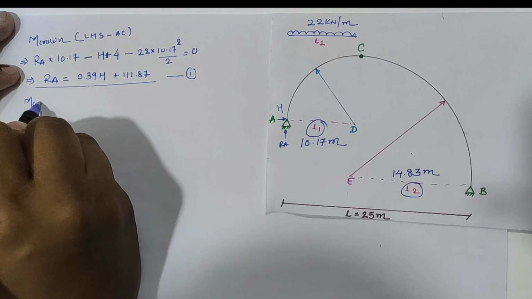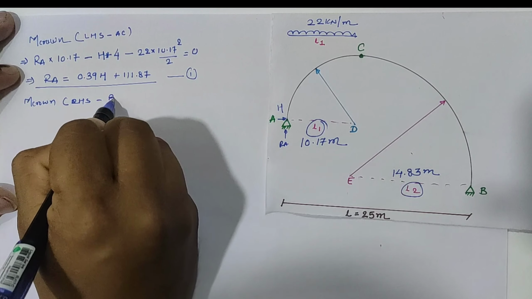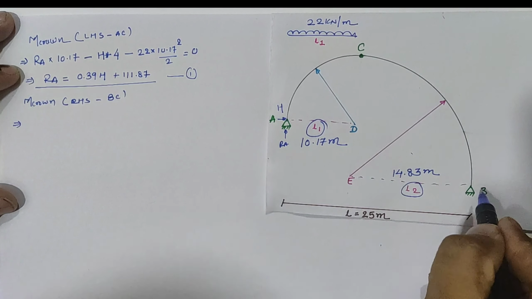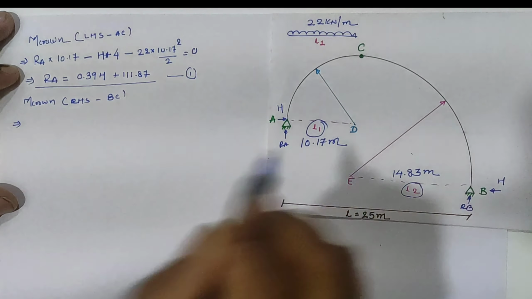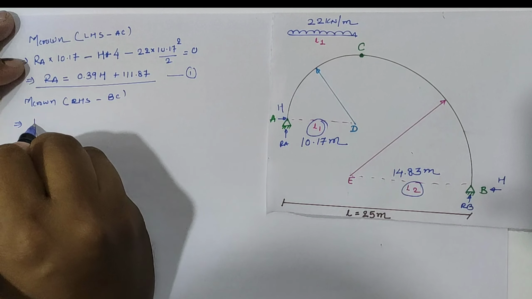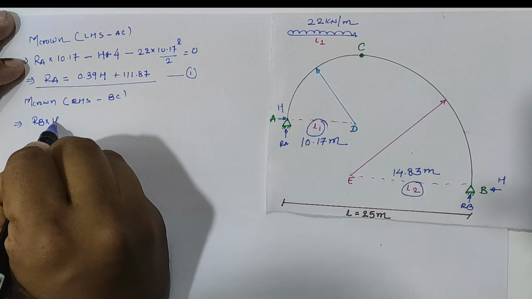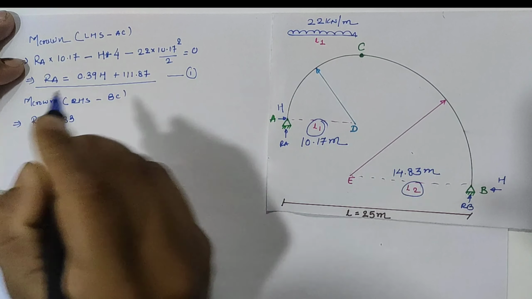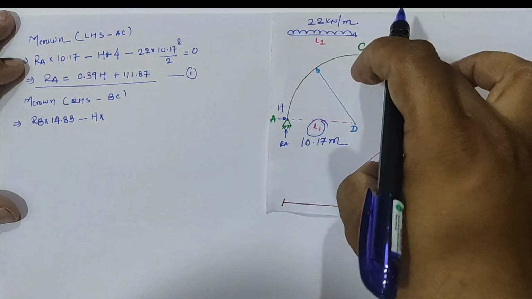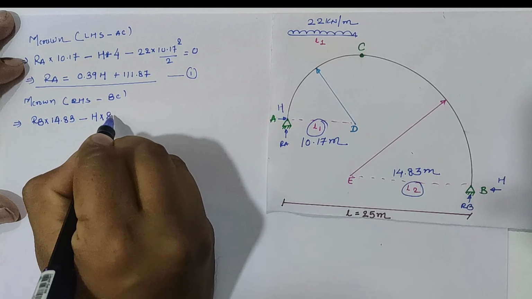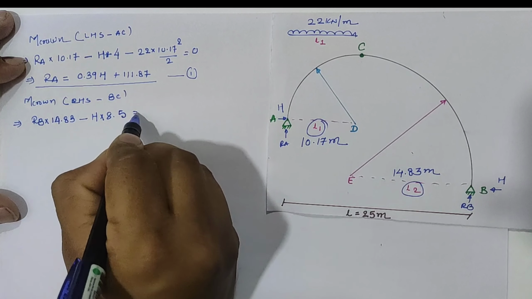Similarly, taking moment at the crown, but now on the right-hand side, the B to C part, and assuming the vertical reaction as RB and the horizontal reaction as H, we have RB into the length 14.83 minus H into the crown height, which is given as 8.5 meters, equal to 0.